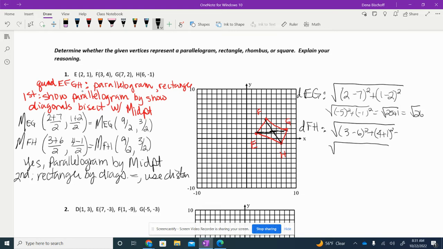So 3 minus 6 is negative 3 squared, plus 4 and 1 is 5 squared. Negative 3 squared is 9 plus 25 equals 34, and those are not congruent. So this is not a rectangle.